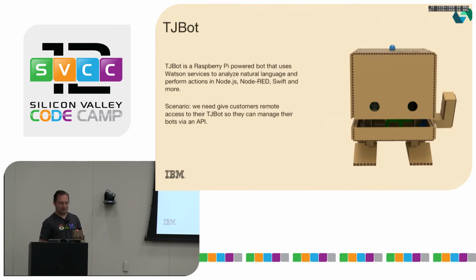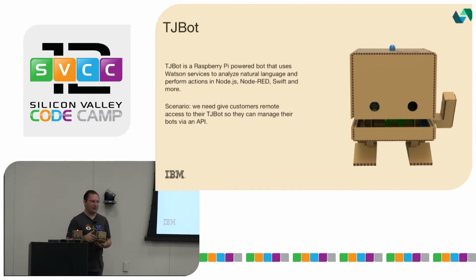Let me get to that question in a moment about authentication. So the TJ bot, you may see this cardboard box and think, oh, that's cool, what is it? A couple of you came this morning and opened up the box, like, cool, what's this thing? It's fragile, it's a TJ bot.